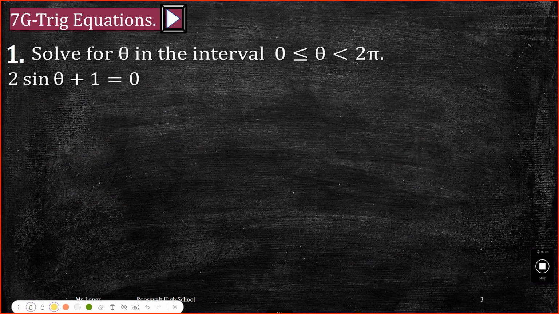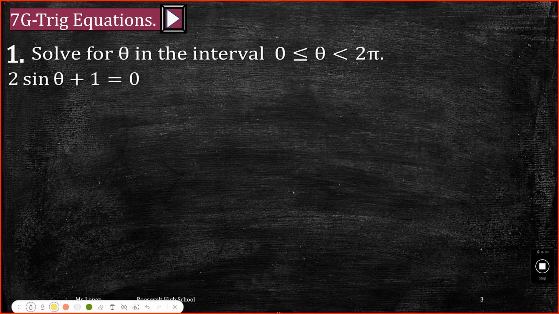Like last time when we did inverse trig functions, the bow tie will be it. It's going to be a lot of bow ties today. From 0 to 2 pi means one revolution.